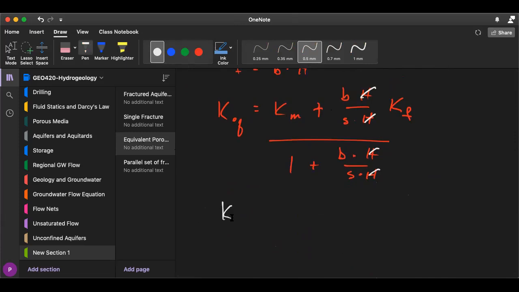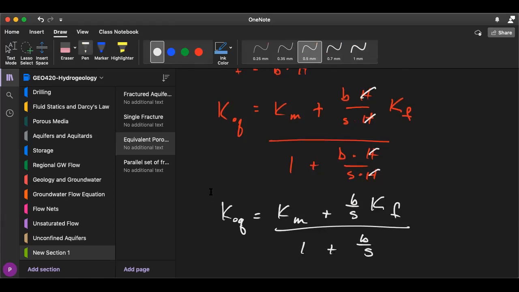So we get KEQ is equal to KM plus B over S times KF, over 1 plus B over S.